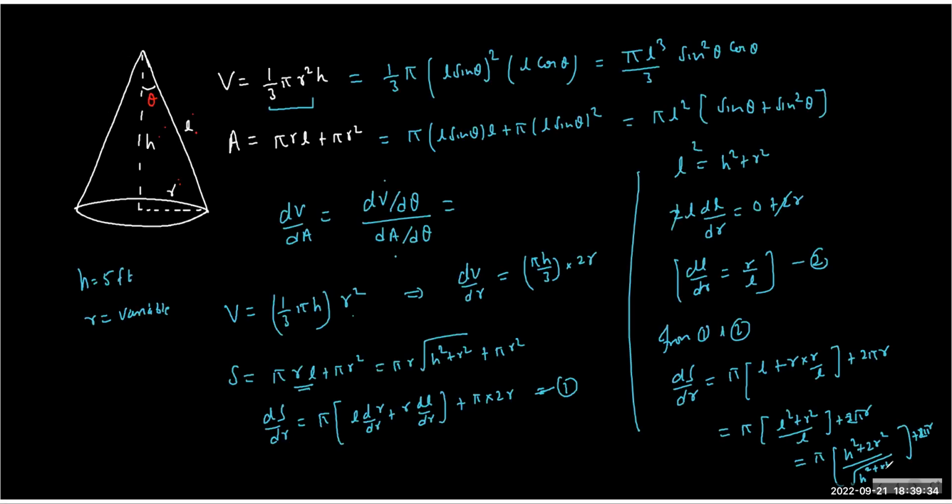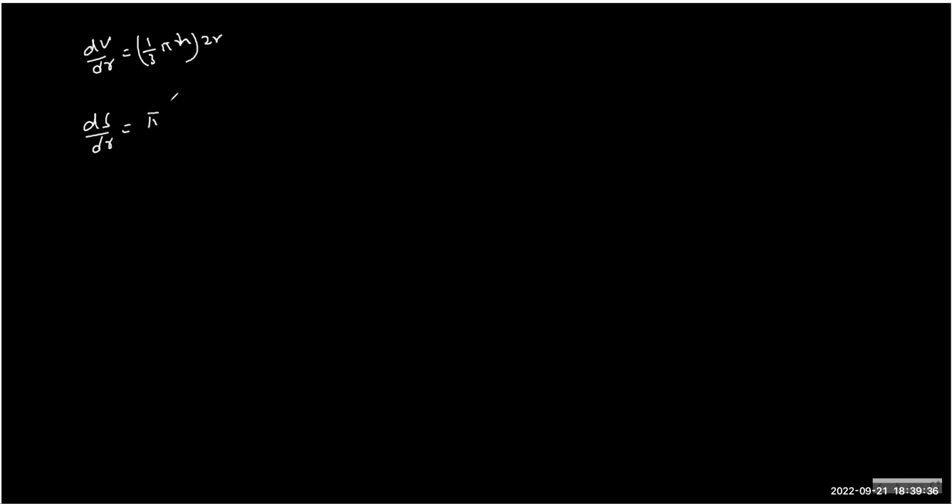So we got dV by dr and dS by dr. And r is given 3 feet, right? R is given 3.